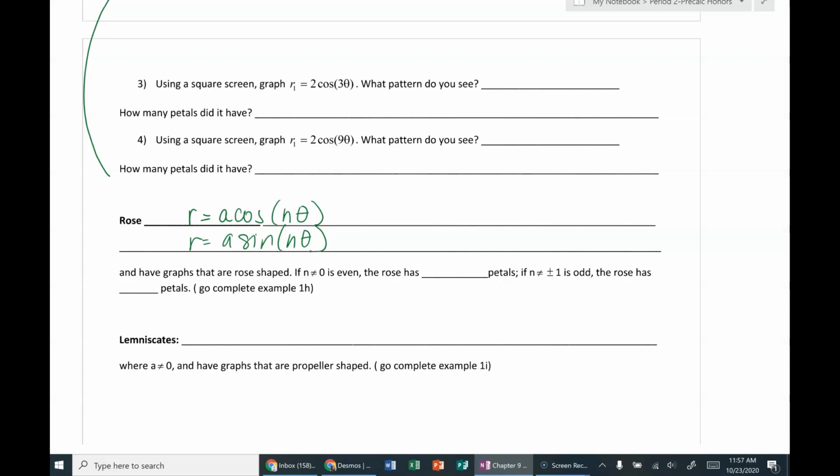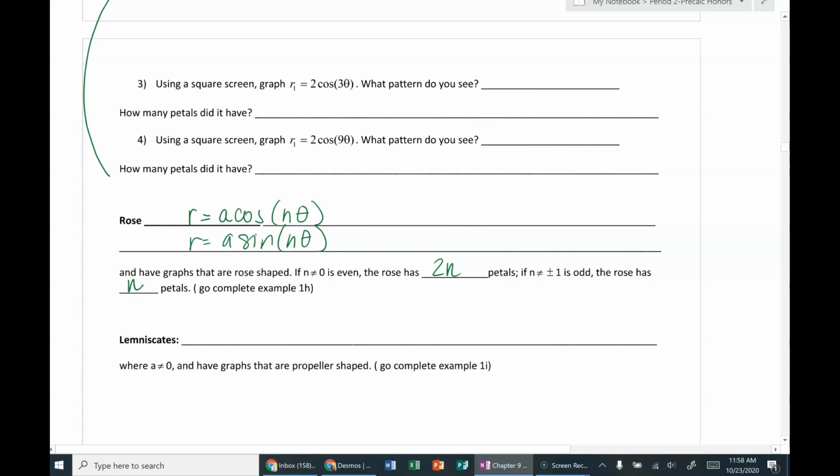If n is never 0 and it's even, the rose has 2n petals. If n is neither positive or negative 1 and it's odd, the rose has just n petals.